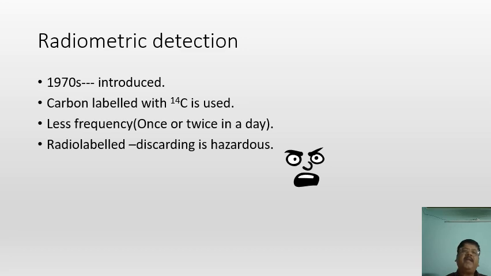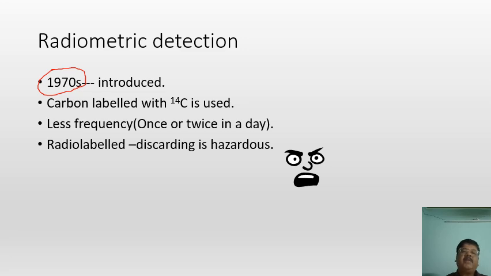Now, radiometric detection is now history. In 1970, it was introduced. Radioactive carbon was used for labeling, and the CO2 released would stimulate the sensor, which would give the indication that there is a growth.